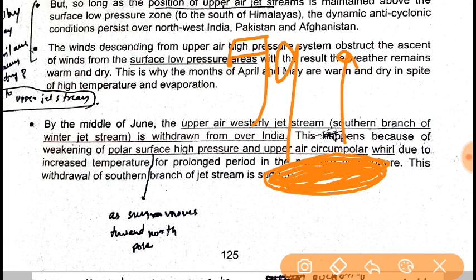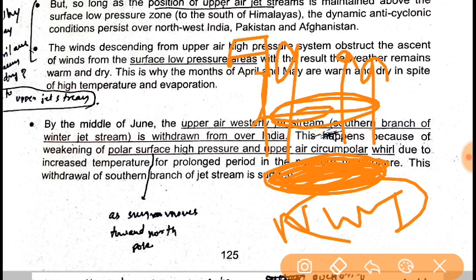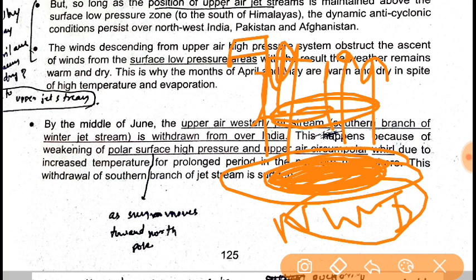So this air present on the surface of northwestern India and Pakistan, which is already heated up, has no air here because western disturbance disappears. So this air is sucked up, and there is a sudden formation of a highly low pressure area, as a result of which we see a lot of storms and monsoon burst in our country.